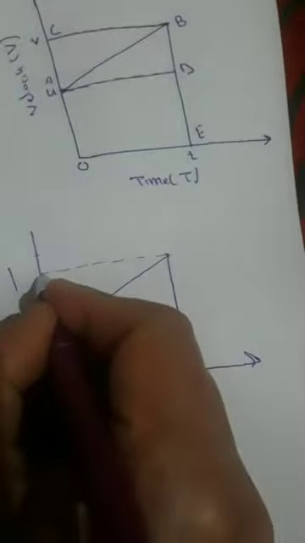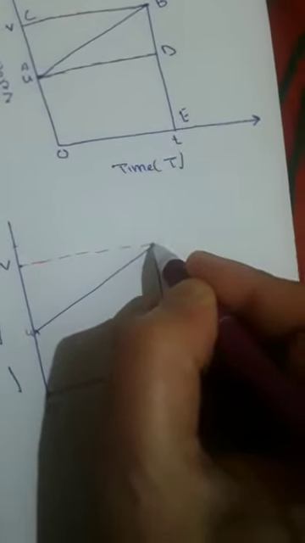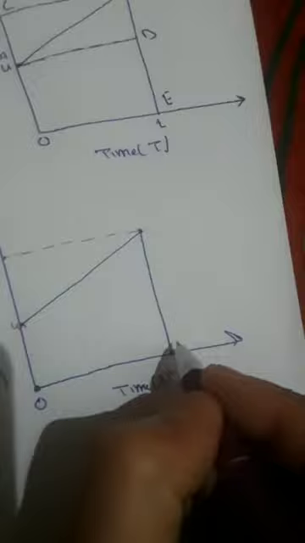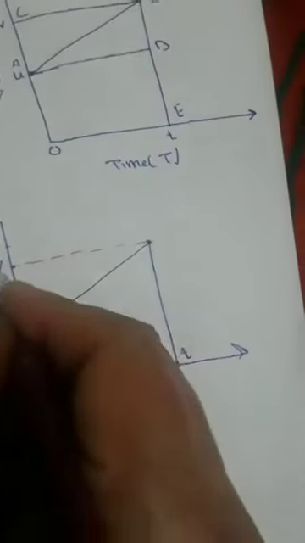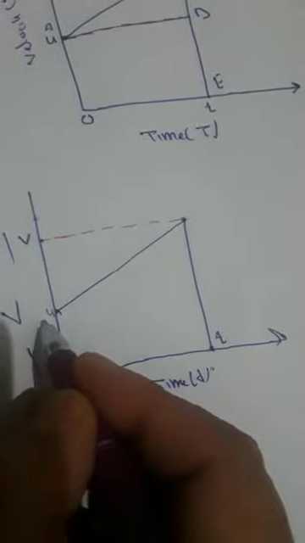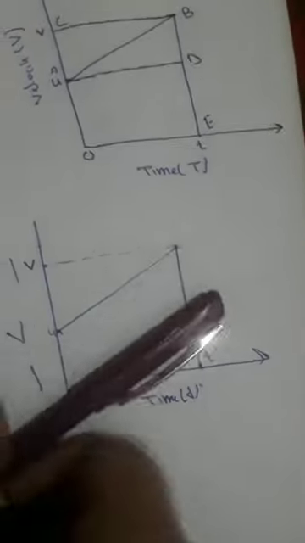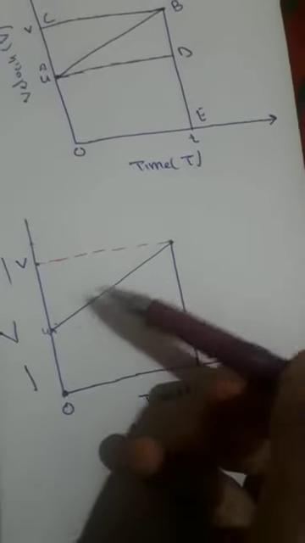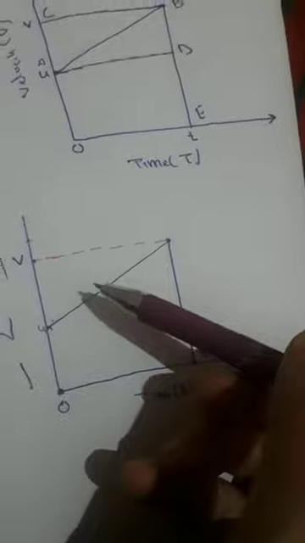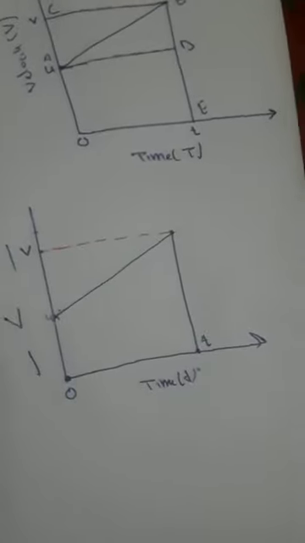This gives me the velocity. This point has two coordinates. Its time is t and its velocity is v. Initially, the velocity of the body is u at time 0. This straight line is the velocity time graph of uniformly accelerated motion.